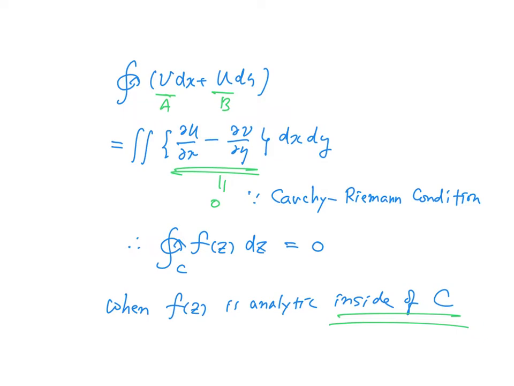So we know that once f(z) is analytic, then the integral is 0, right? So what if not? That's the question that we like to ask.